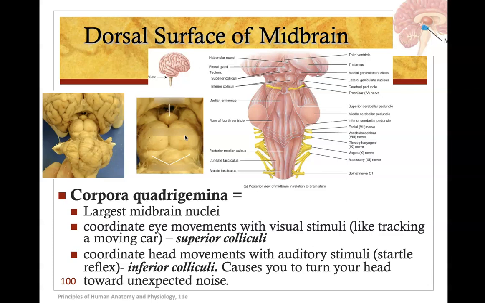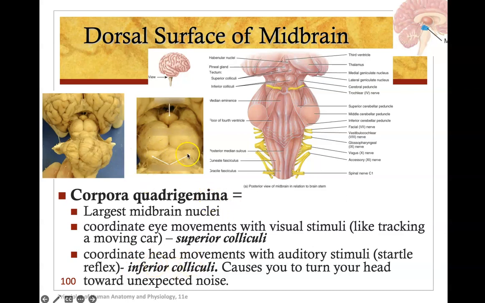For example, if you're sitting there watching a fly move across, or a moving car is maybe a better example, as you coordinate your eye movements to track that fly with that visual stimuli that's coming back in, that is all going through the superior colliculi. And so that happens in the superior colliculi.